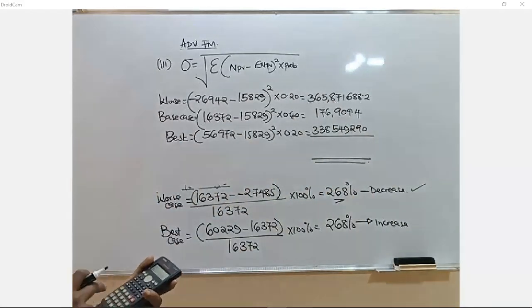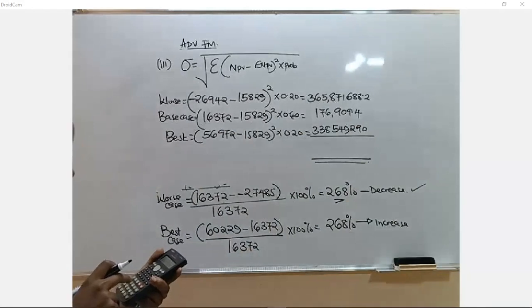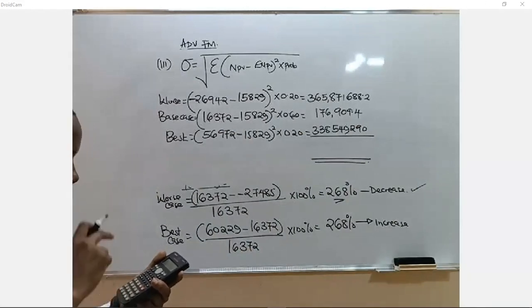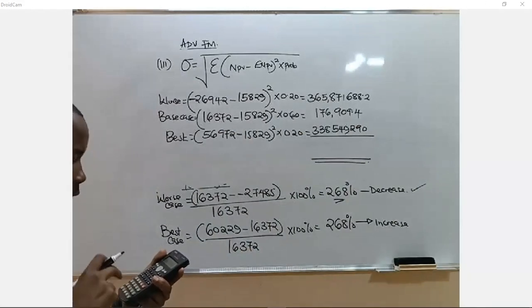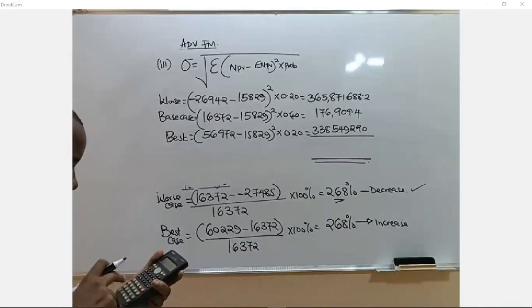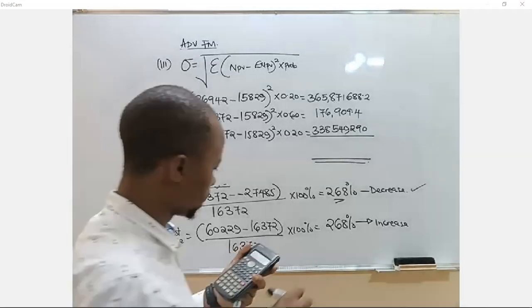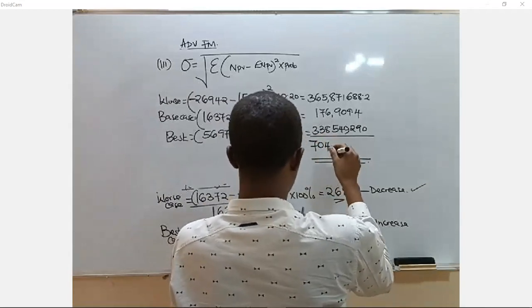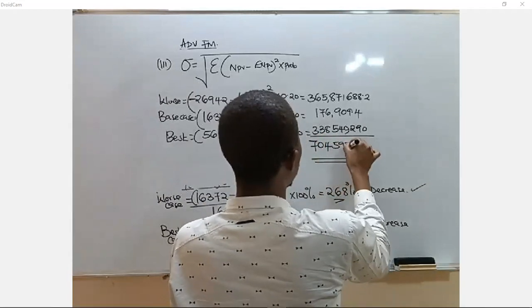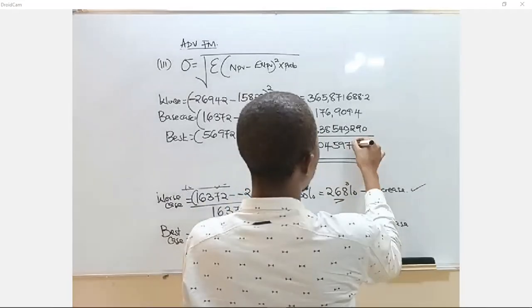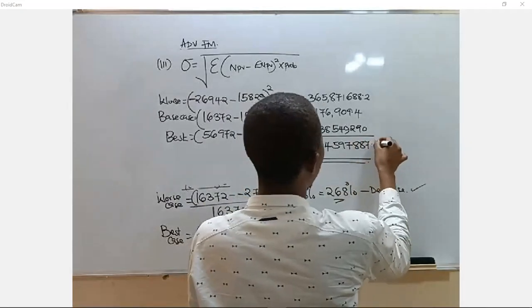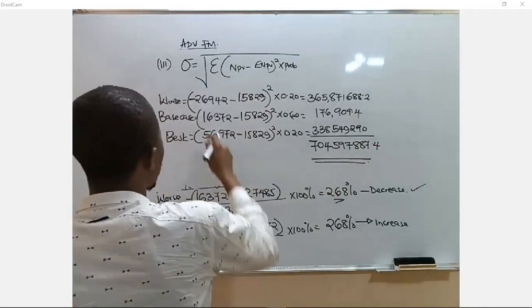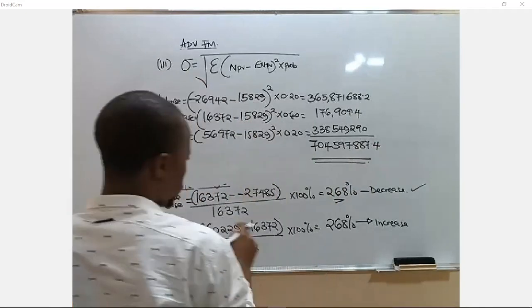So plus 176,909.4 plus 365,871,688.2. Mimi naona nikipata something equivalent to 704,597,887.4. So mimi naenda pale because nataka standard deviation, nachukua the roots.